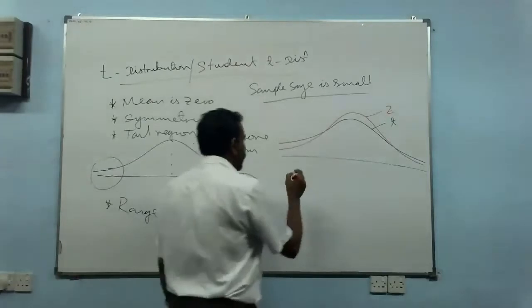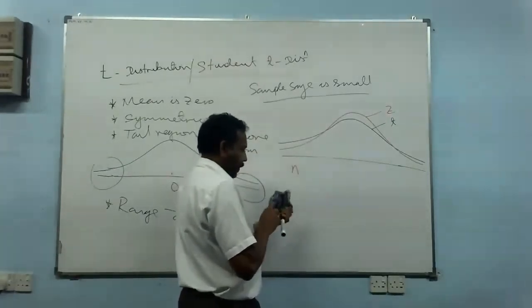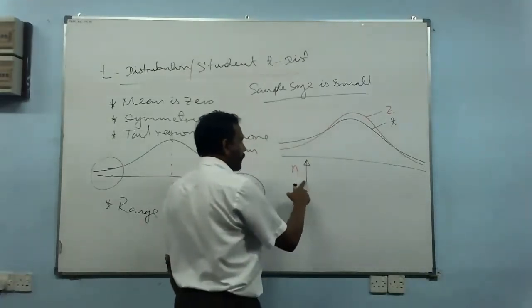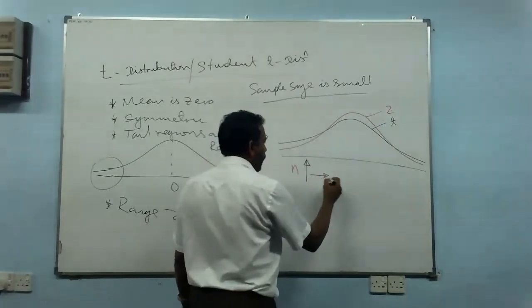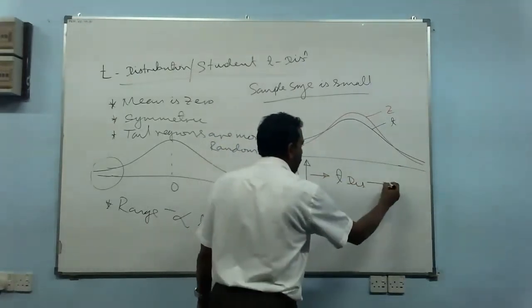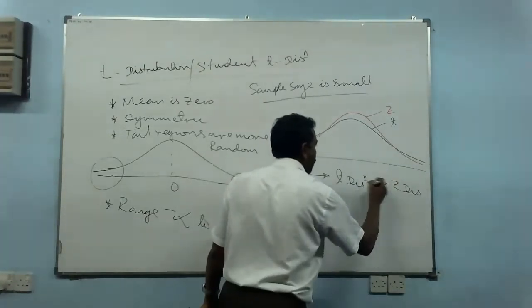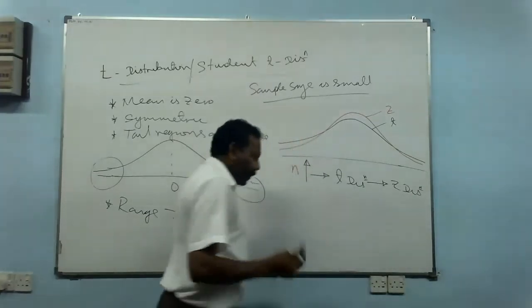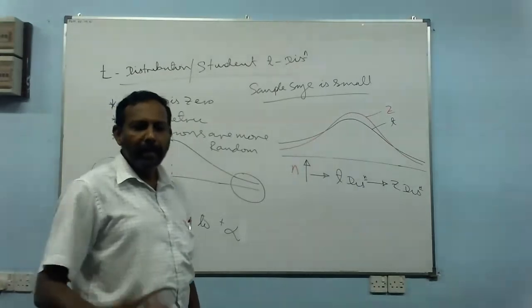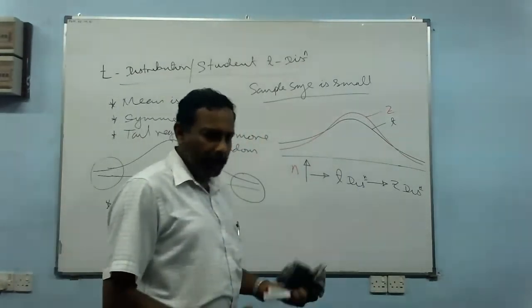Here in T, when you increase the sample size, T distribution will become as Z distribution. Okay?